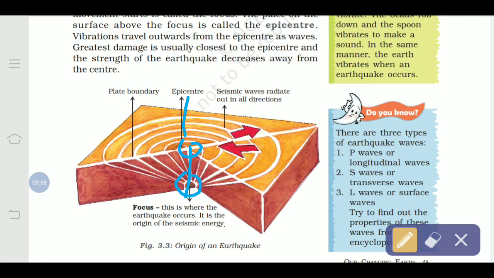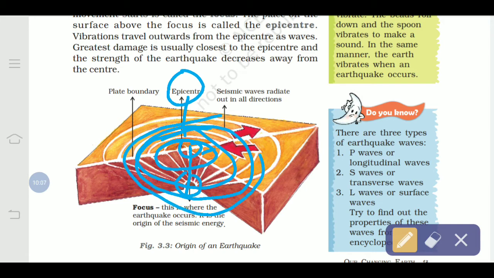As you can see over here, it is known as the epicenter. Now this vibration spreads in a circular motion outward from the focus and the epicenter. These are called waves. Now what kind of waves? These are called seismic waves.